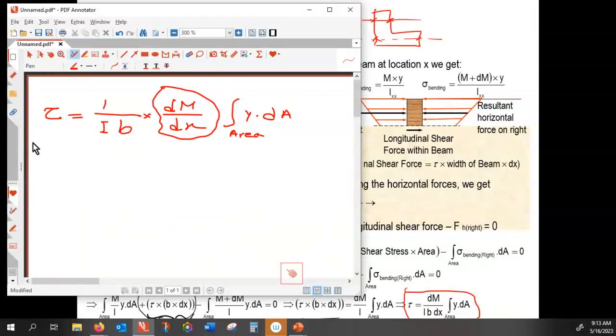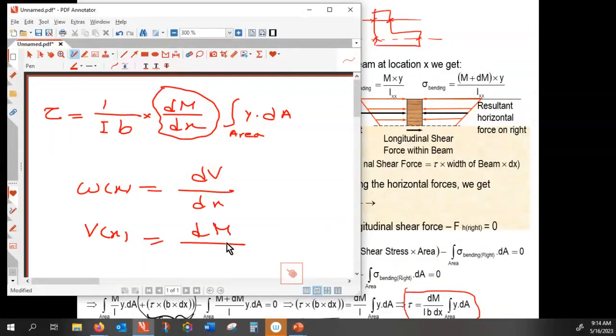So let me remind you, when we did the method of equation, the distributed force was the derivative of the shear force by x, and shearing force was the derivative of the bending moment by x. That is back 2 weeks ago when we did the method of equation. So from here, I know this guy, that is V.